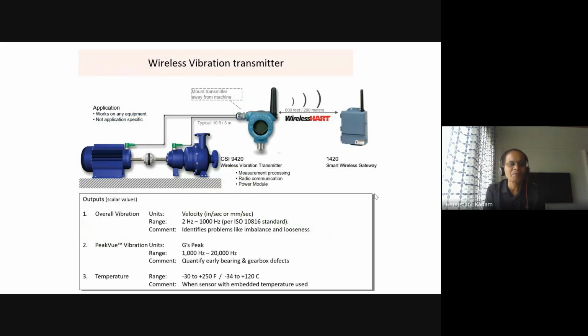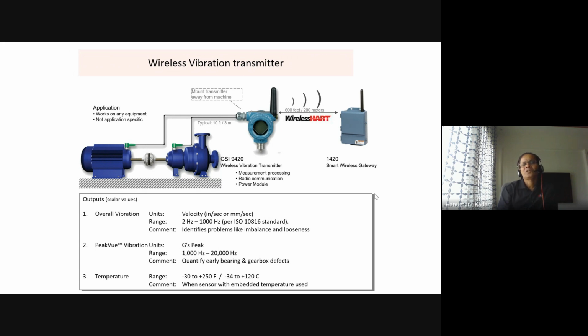Now I'm coming to a very important part. Now the technology is changing from wire, it has become wireless now. So the wireless vibration system was introduced long back, 4, 5 years back, and this system has helped a lot, especially for difficult to reach locations in the industry. Maybe high temperature, height, vibration is very high, noise is very high.